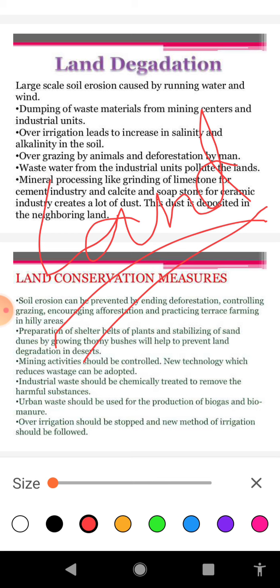So single land we are using in different ways to fulfill our different needs or requirements.